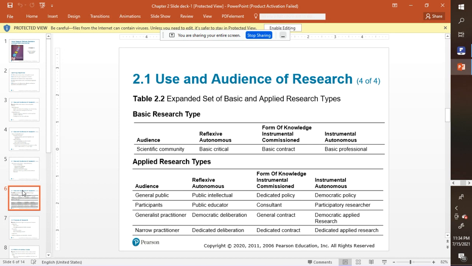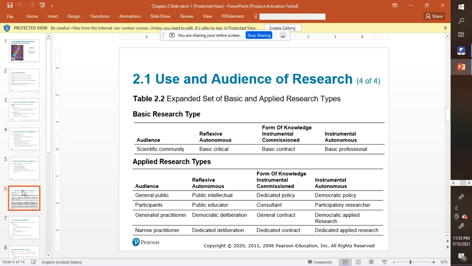Then for applied research we have the general public, who try to apply their knowledge: the general public, participants, generalist practitioners, narrow practitioners. Then we have the basic critical for reflexive autonomous, and reflexive autonomous for applied research is public intellectual, public educator, and democratic deliberation.